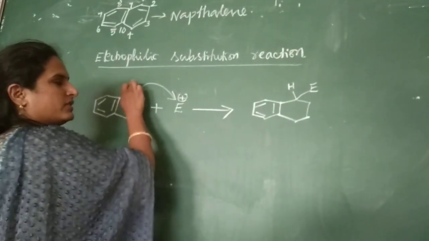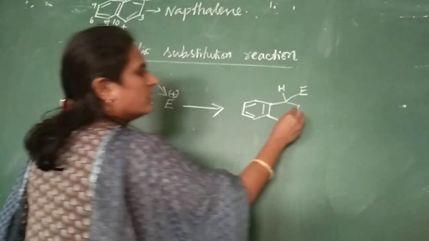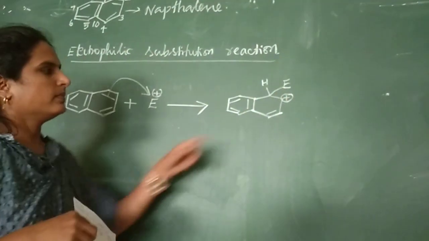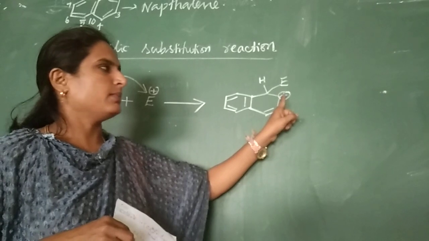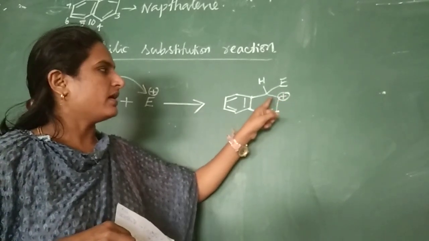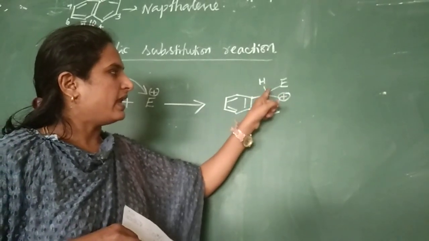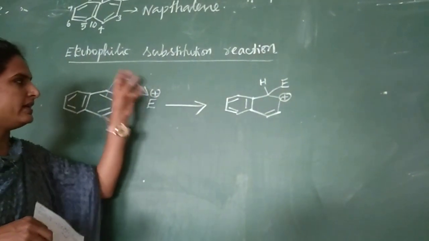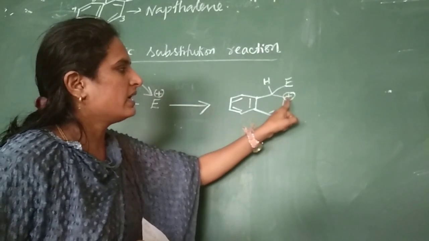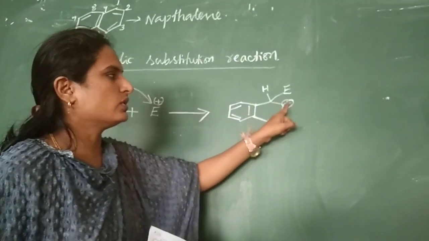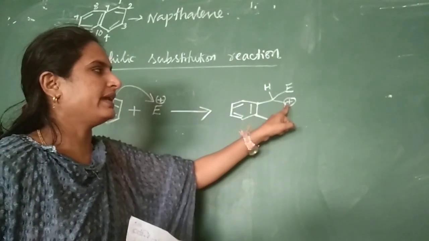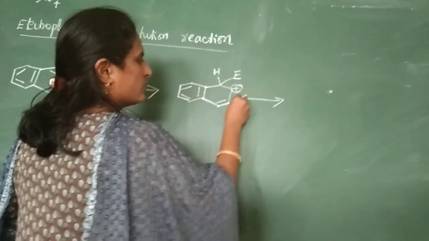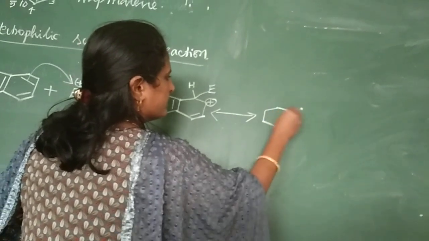Hydrogen is already present here, you know. This second carbon atom shows positive charge because the electrons move towards the electrophile; it loses the electron, shows deficiency of electrons, and creates the positive charge. Then again it undergoes resonance and forms like this.